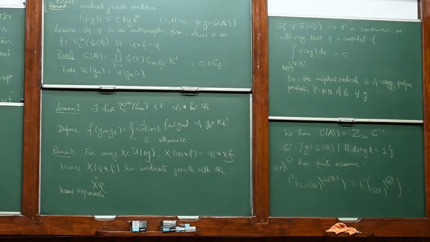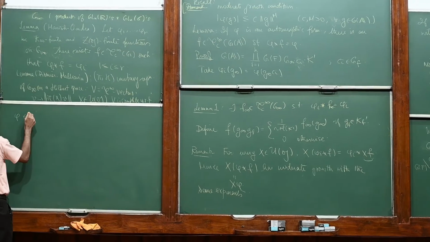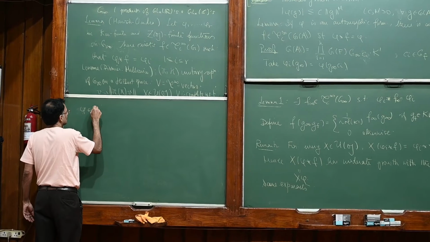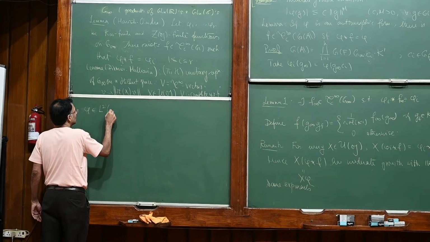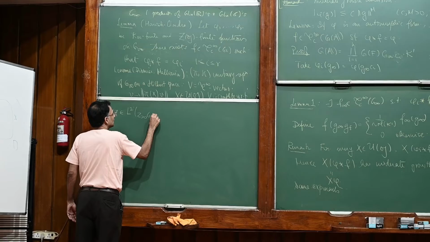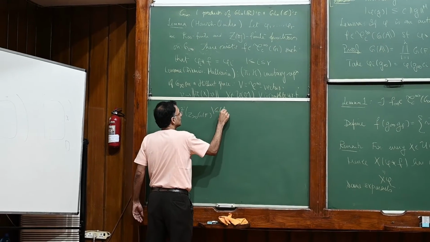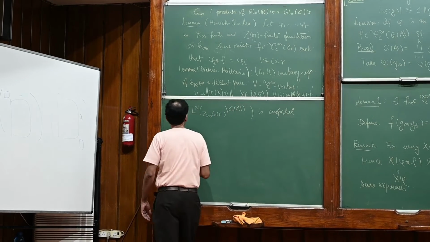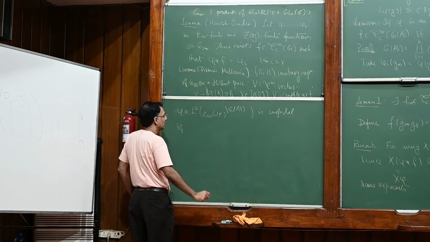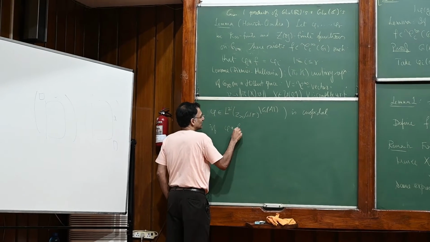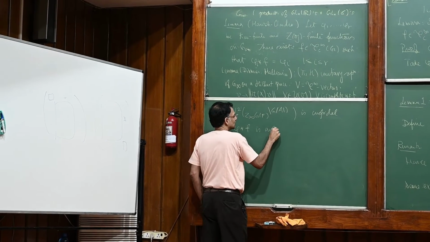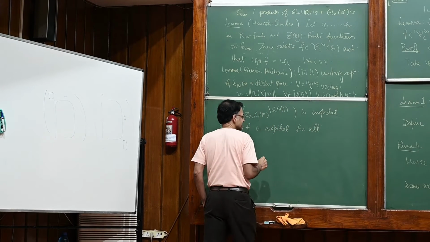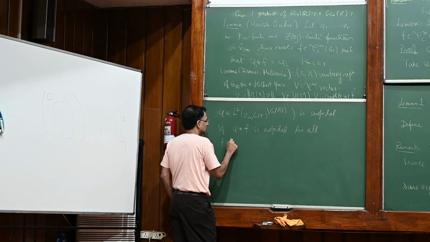I'll say that phi in L2 is cuspidal if, say you do it like this, phi convolution f is cuspidal for all f in C_c(G).